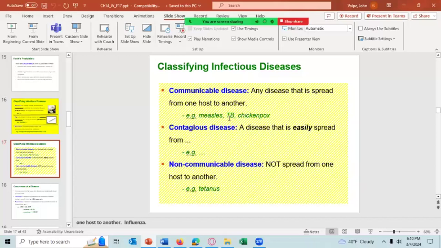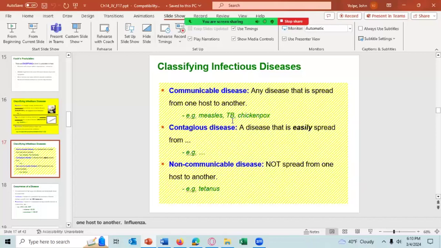Tuberculosis is a communicable disease, but it is not contagious. Tuberculosis does not spread easily. An even better example is, oh gosh, now I dropped it. I just had it on the tip of my tongue too. Leprosy, there we go. Mycobacterium leprae.